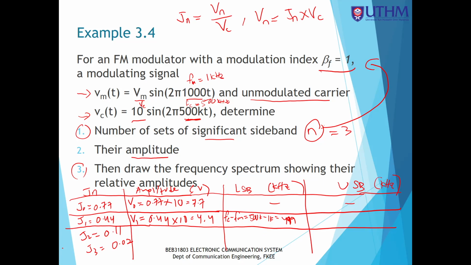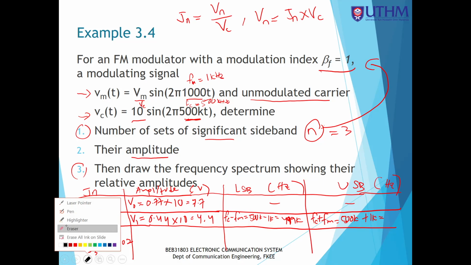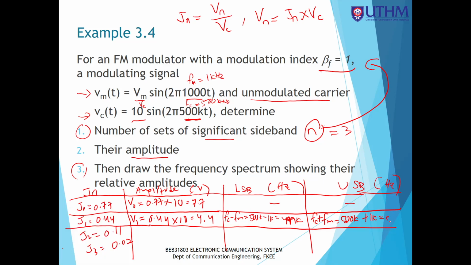And we can calculate the upper sideband, which is equal to Fc plus Fm, which is 500K plus 1K, so this is 501K.